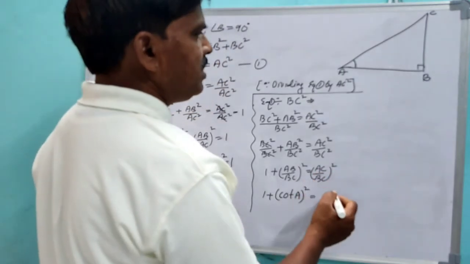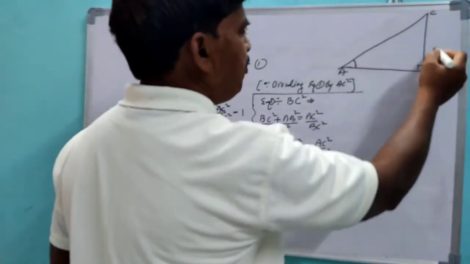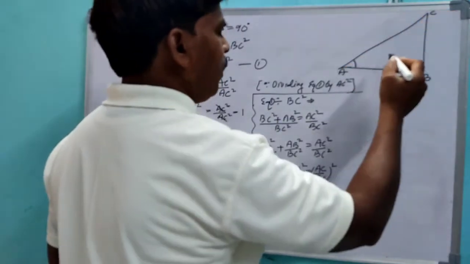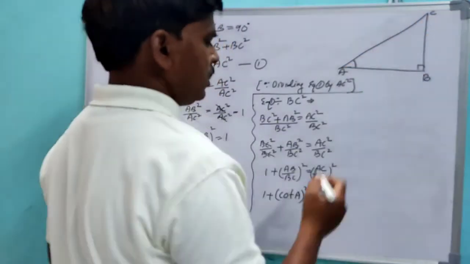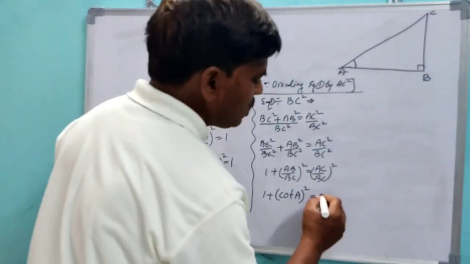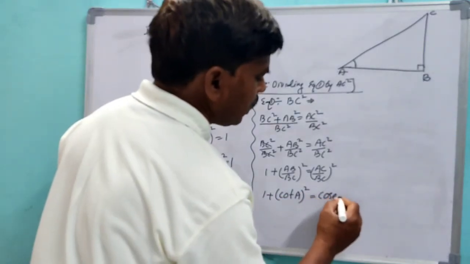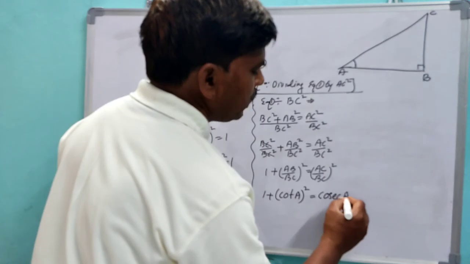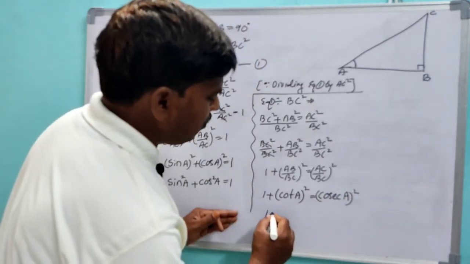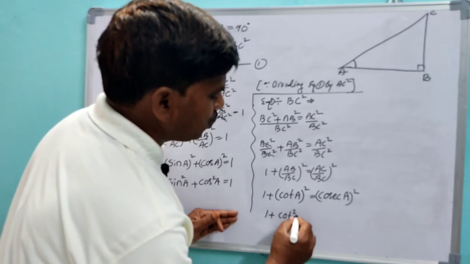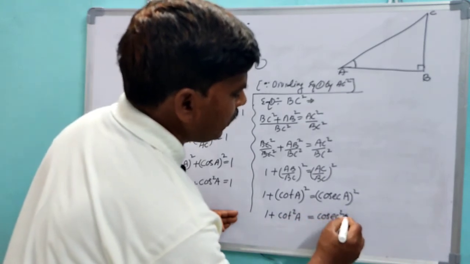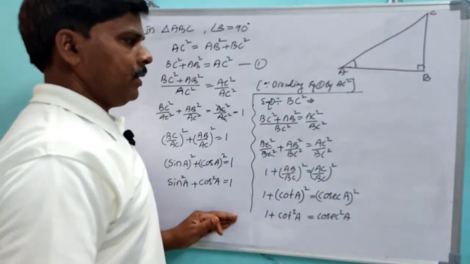Now AC by BC is hypotenuse and opposite. So the ratio of hypotenuse and opposite is cosec. So cosec A whole square, which is equal to 1 plus cot square A is equal to cosec square A. So this is another identity.